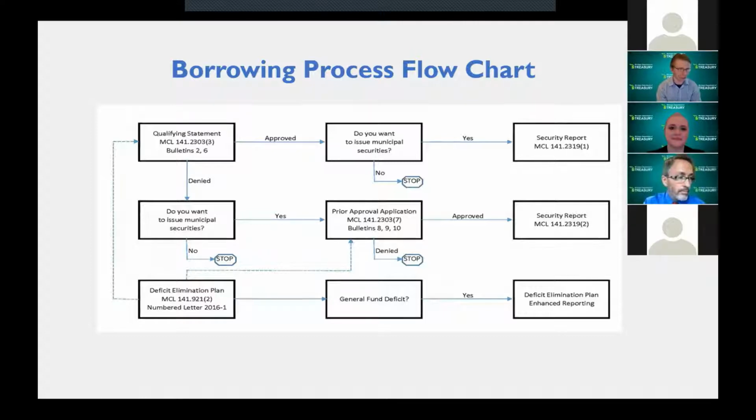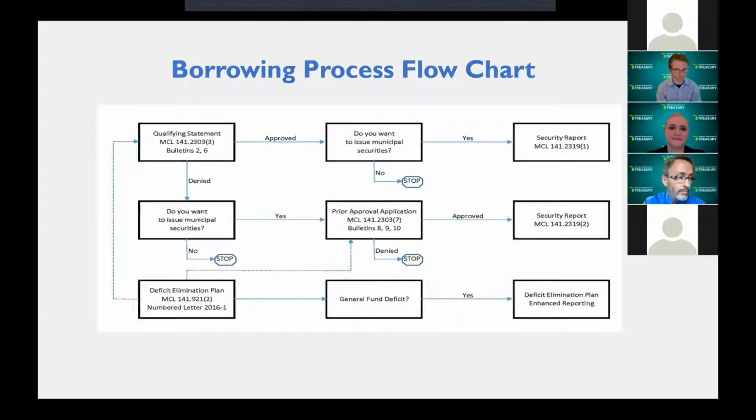I will begin with our updated borrowing process flowchart. This flowchart gives a kind of high-level overview of our borrowing process, beginning in the upper left-hand corner with the qualifying statement. If a local government receives an approved qualifying statement and intends to issue debt, then the local government is able to borrow without further approval from the Department of Treasury.